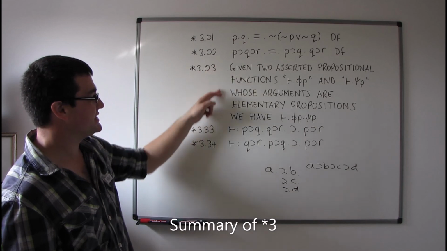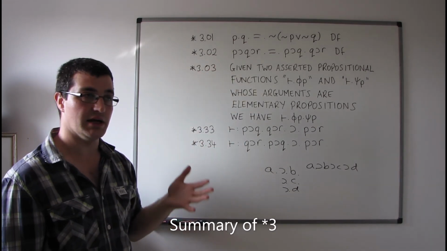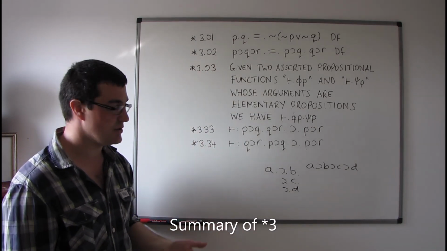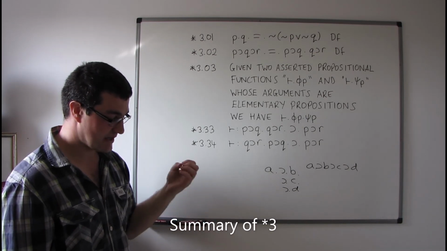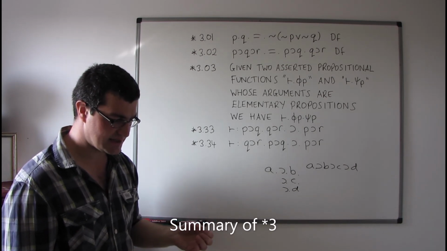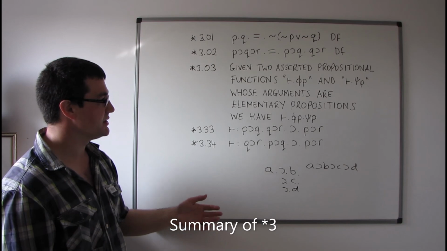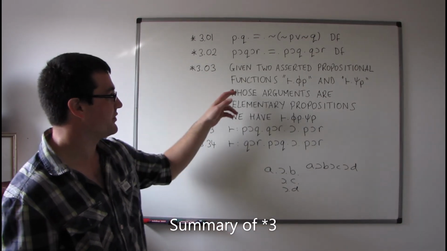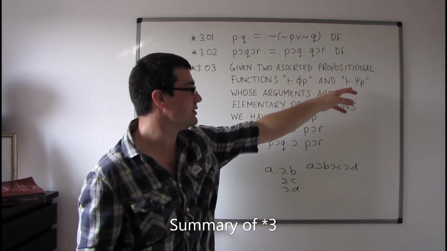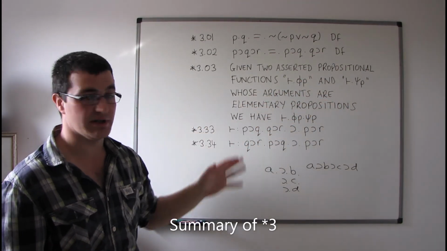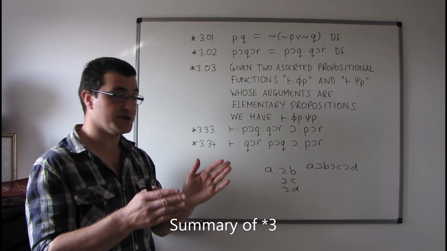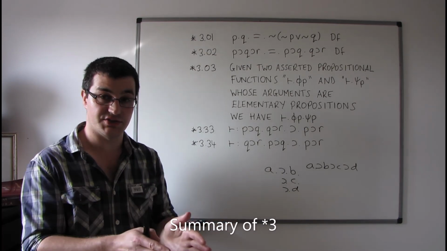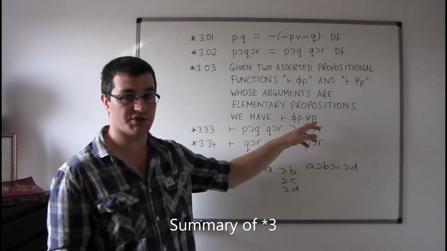This is an extension of the primitive proposition 1.72, which is the axiom of identification of real variables, whereas in 1.72, when we've got the two asserted propositional functions whose arguments are elementary propositions, we can assert their disjunction. Now we can assert their logical products.